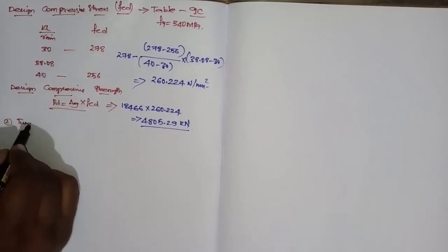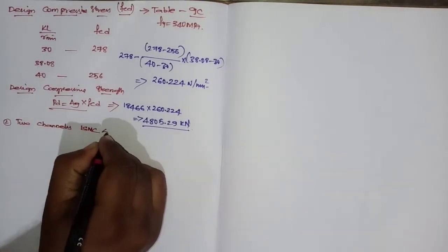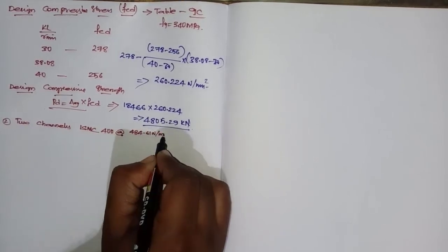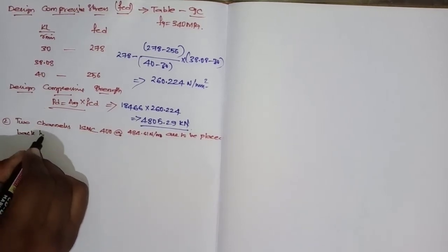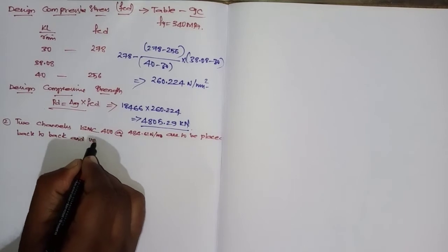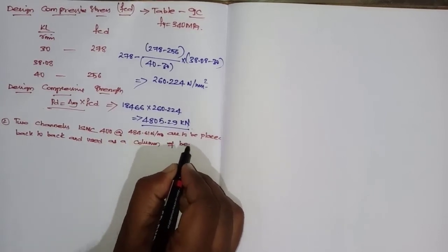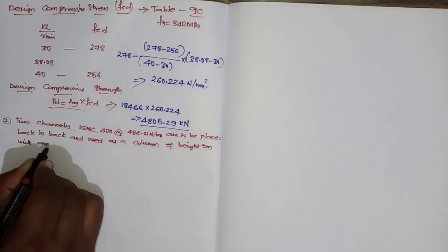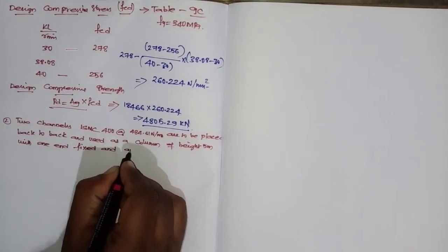Two channels, ISMC 400 at the rate of 484.61 Newton per meter are to be placed back to back, and used as a column of height 5 meters with one end fixed, and another one hinged.